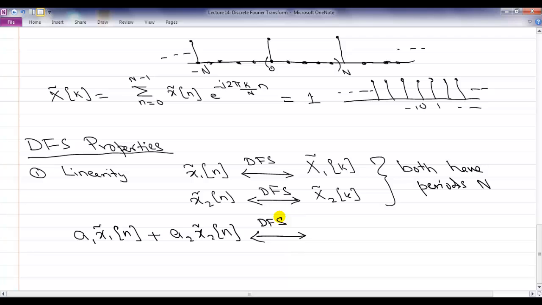Okay? So if you add them up, their Fourier series coefficients are simply going to be the linear combination of their individual Fourier series coefficients. And it's rather trivial to show using just the definition of the discrete Fourier series coefficient, so we won't try to prove that.